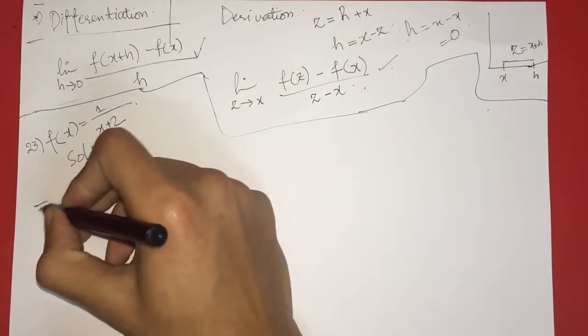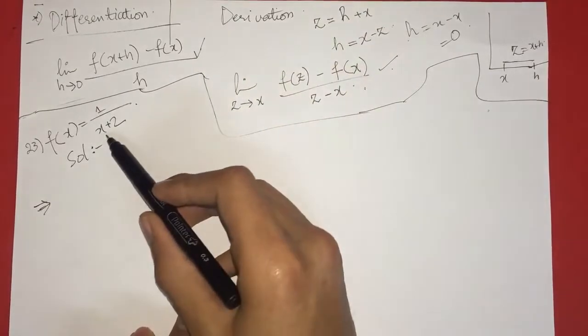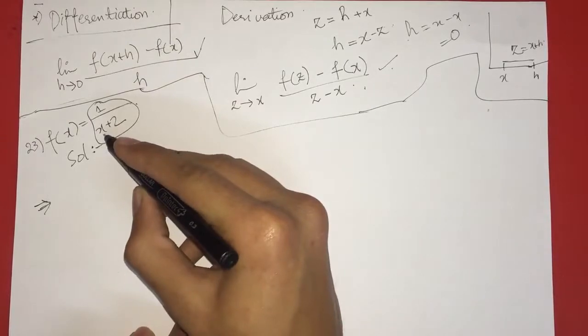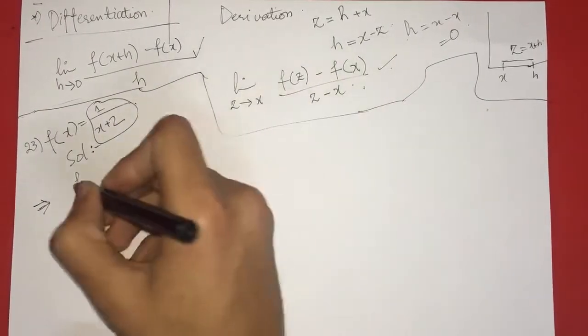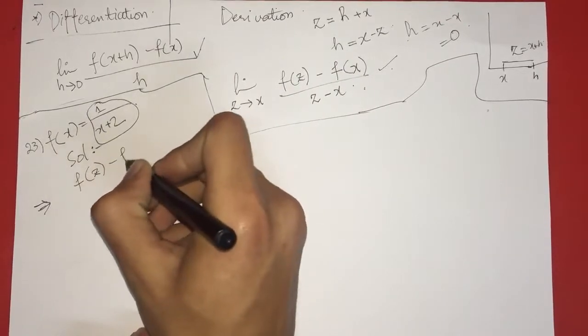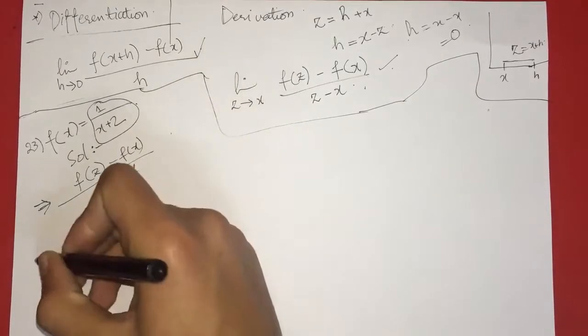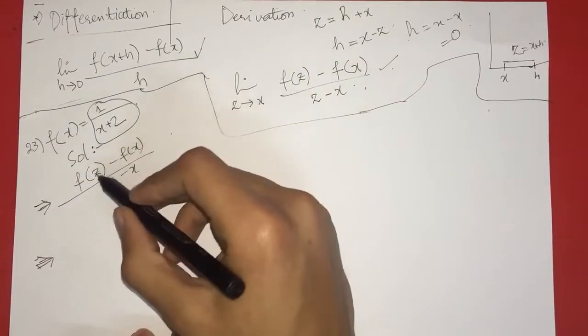Here f of z means that in this function you have to replace every x term with z. So we can write this formula, f of z minus f of x divided by z minus x, and replace x by z for f of z.